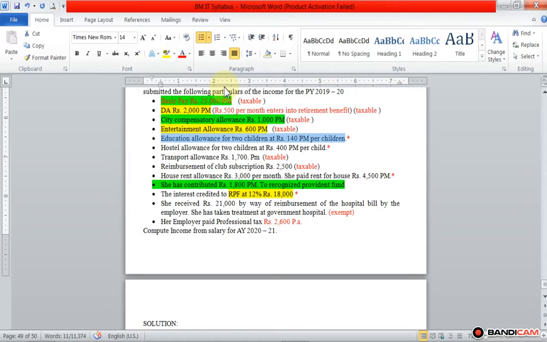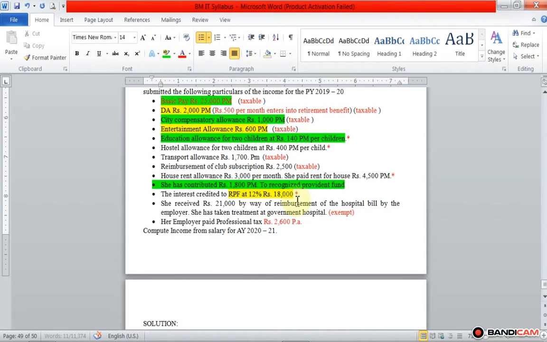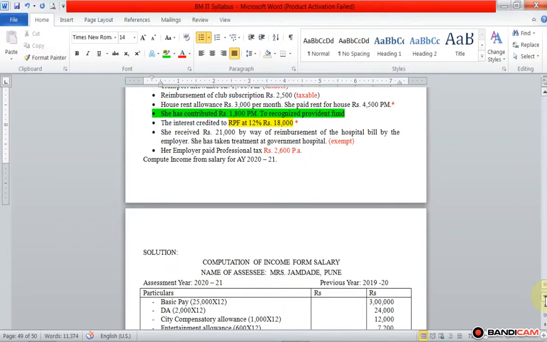The SAC has two children, so 2 multiplied by 140 multiplied by 12.